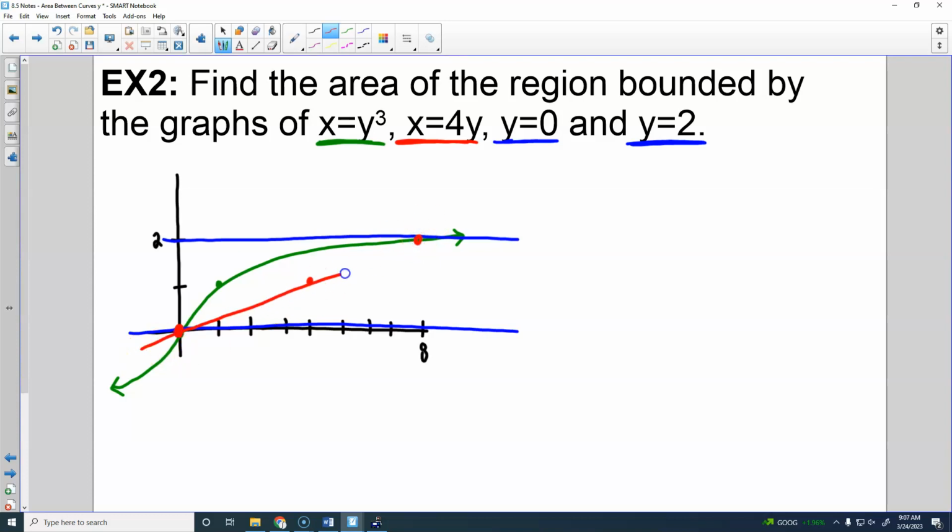Sometimes just plugging in numbers is your best bet. Or you could solve this for y: y equals 1/4 x, so you've got a slope of up 1 over 4 if you graph it in terms of x. The main thing we need to do here is know what is our right equation and what is our left equation. Which one is to the right here?